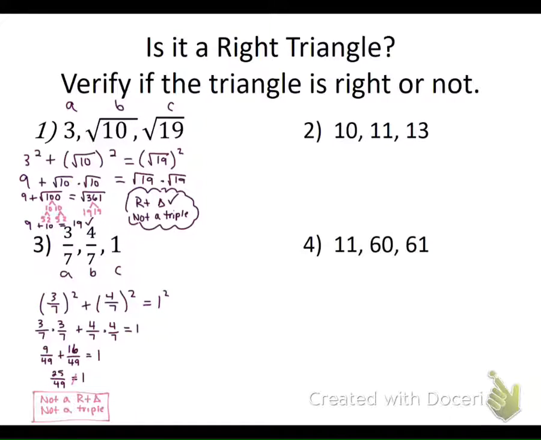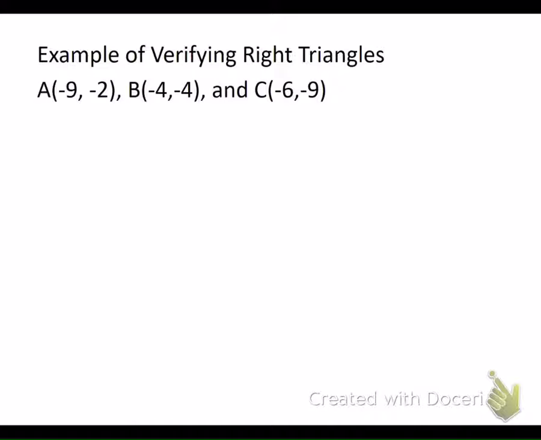All right, so we're going to do the last page. Figure that's quick and easy enough. I figured the radical ones and the fraction ones are probably the ones you guys needed to see more than whole numbers. Okay, so we need to verify that this is a right triangle given coordinates. To do this, the first thing you need to do is use the distance formula to find all 3 sides.